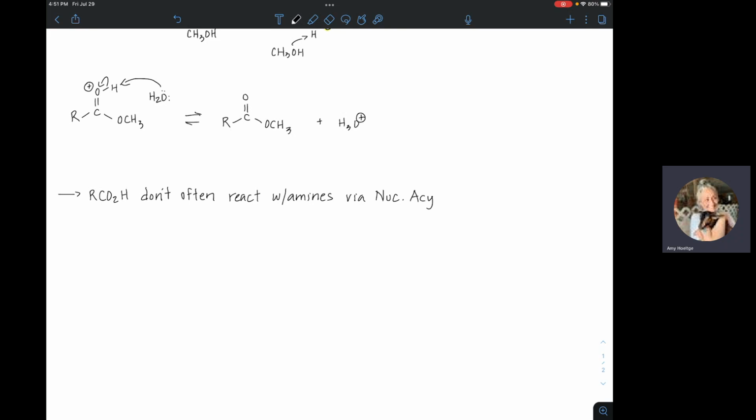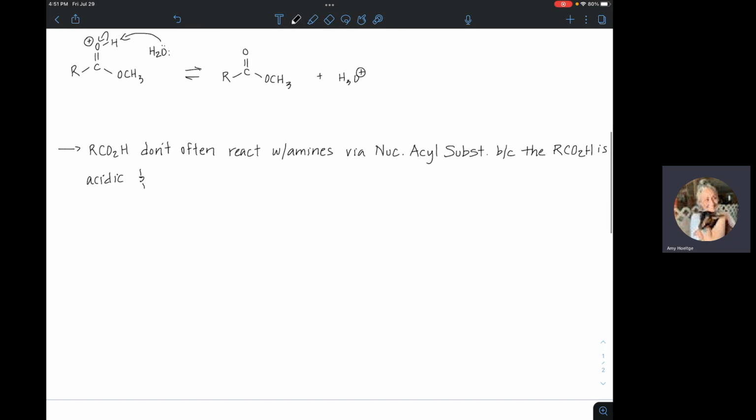And the reason, we believe, is because the carboxylic acid is acidic, and an amine is a base. And so the acid will protonate the amine, and therefore you no longer have a nucleophile, right?